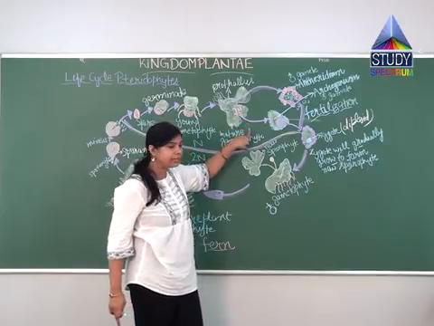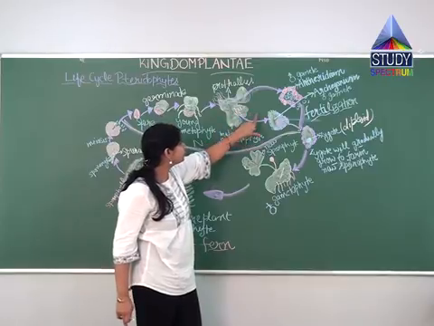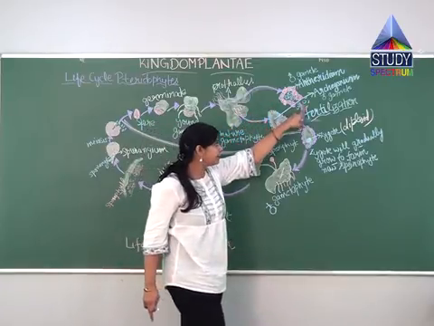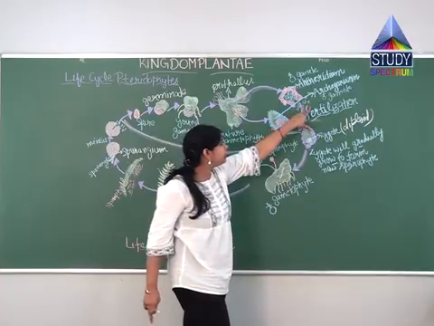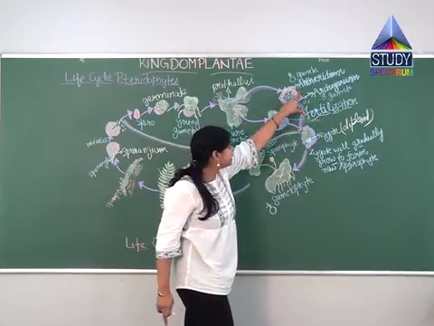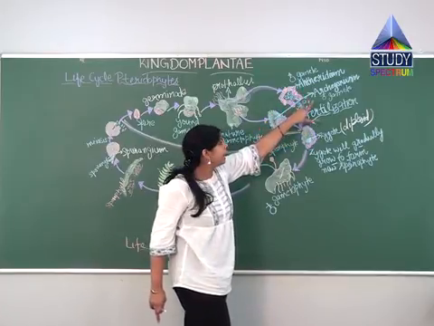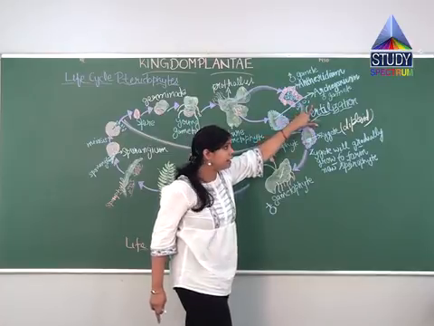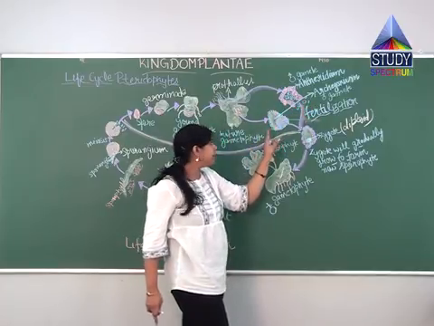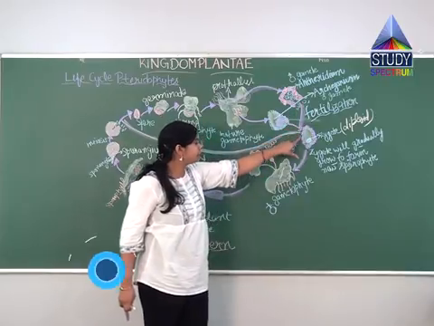This is an independent stage, and when they get mature they will release the gametes. The antheridium is motile and releases gametes in multiple numbers, and they will reach the female gametophyte.